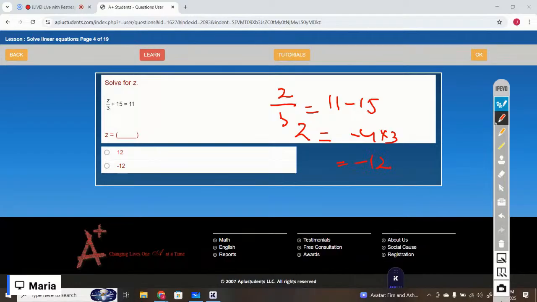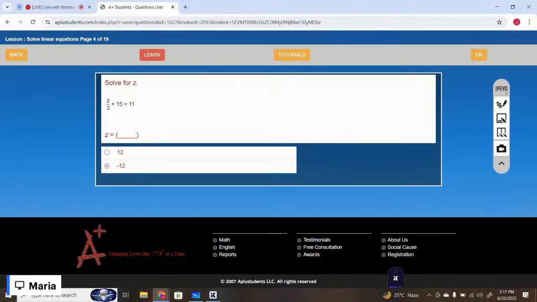So z equals negative 12. Option number 2 is the correct option.